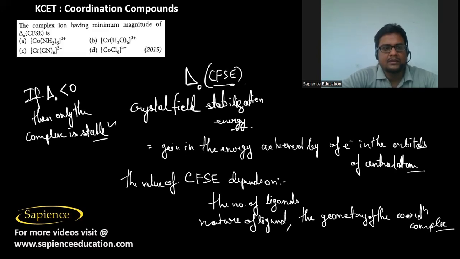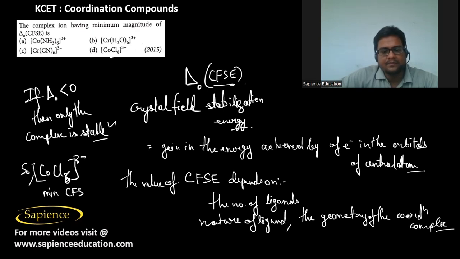So here it means that the chloride ligand will have the minimum value of the crystal field stabilization energy. So it means that [CoCl3] will have the minimum CFSE. So option D is the correct answer.